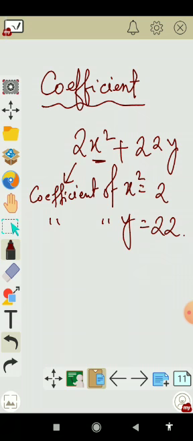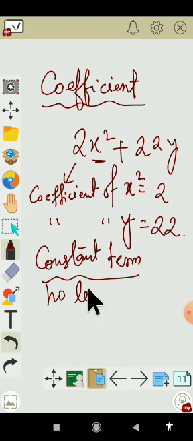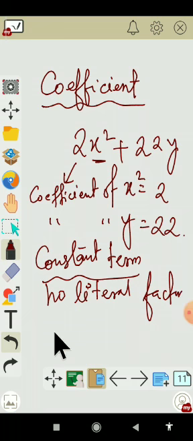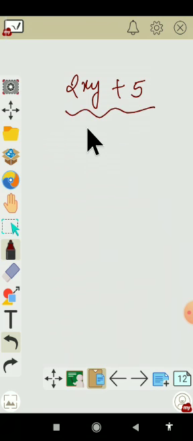Similarly, what is a constant term? If no literal factor is there, suppose 2xy plus 5. In this algebraic expression, 5 is the constant term.